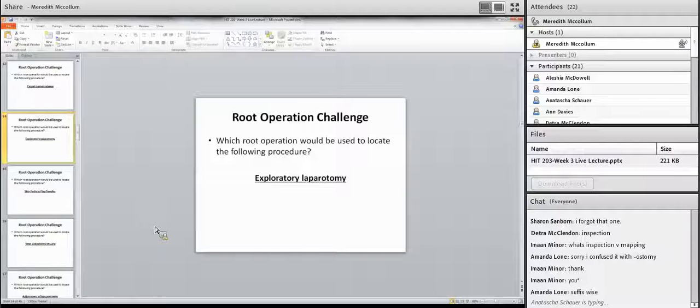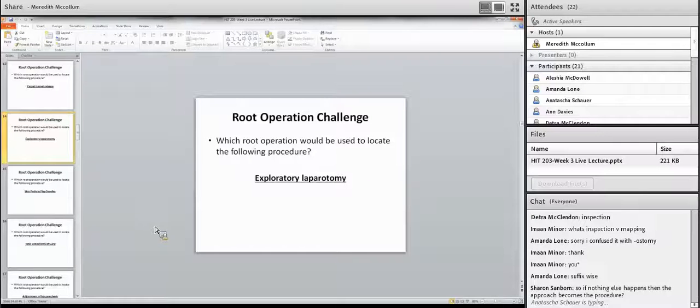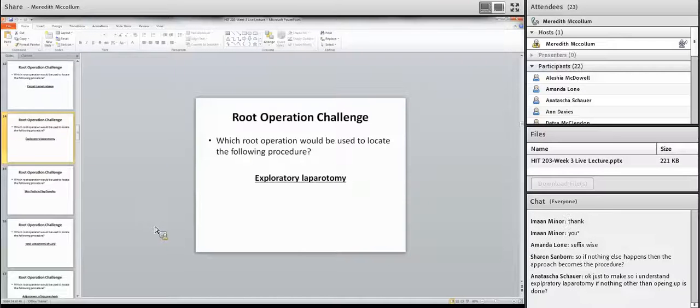So that's what you code an exploratory laparotomy if they do open the patient up and do nothing else. It's very, very rarely coded, honestly. Yes, nothing other than opening up is done and looking around.